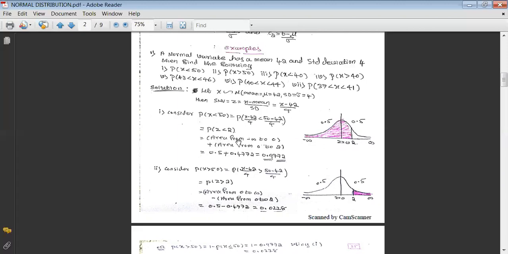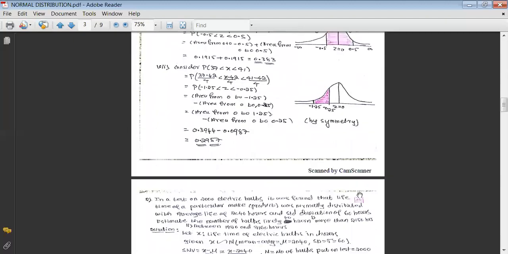The area from minus infinity to 0 is nothing but 0.5. As we know, the total is 1, the left half counts 0.5 and the right half counts 0.5. And now I want the area from 0 to 2.